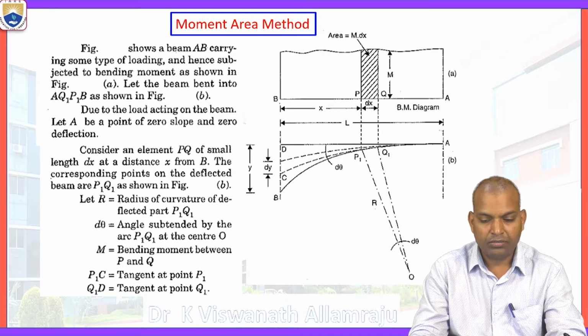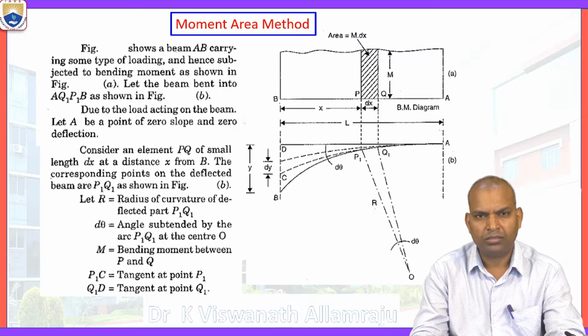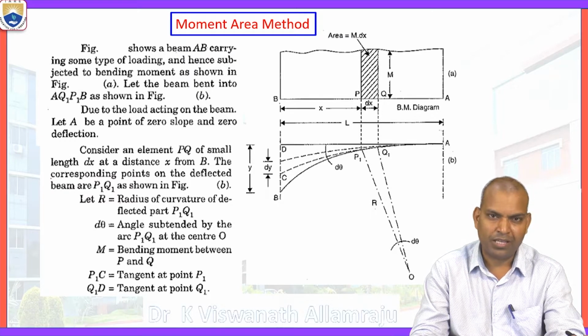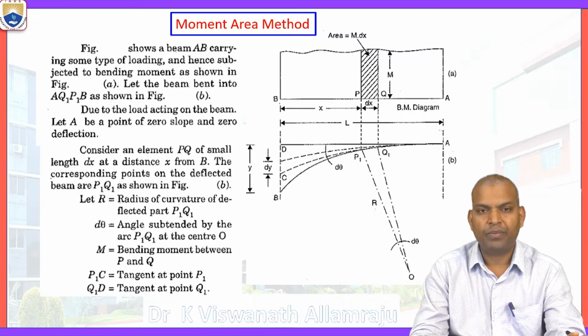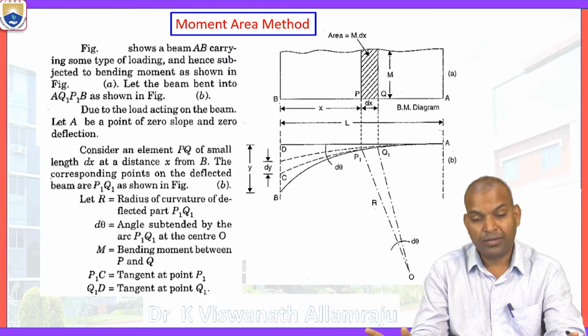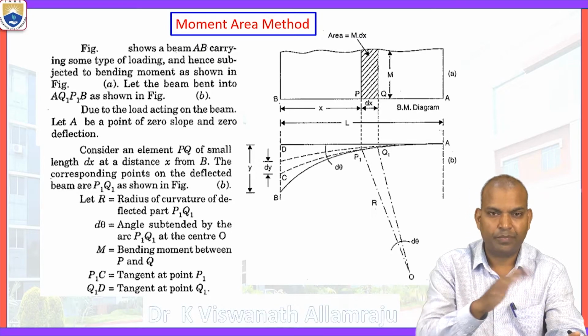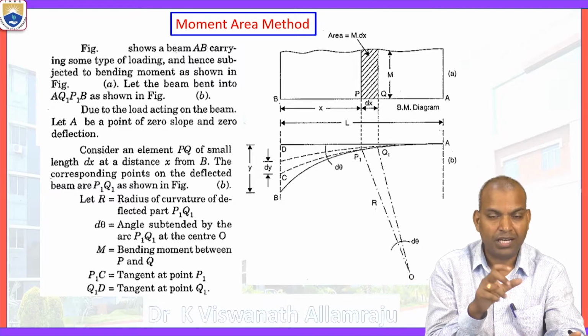Here the beam AB is carrying a certain load, because the moment area method focuses on the area of the bending moment diagram. Whatever the load may be, the important thing is the shape of the bending moment diagram. If the bending moment diagram is non-linear, it is a parabolic curve, and we need that area.